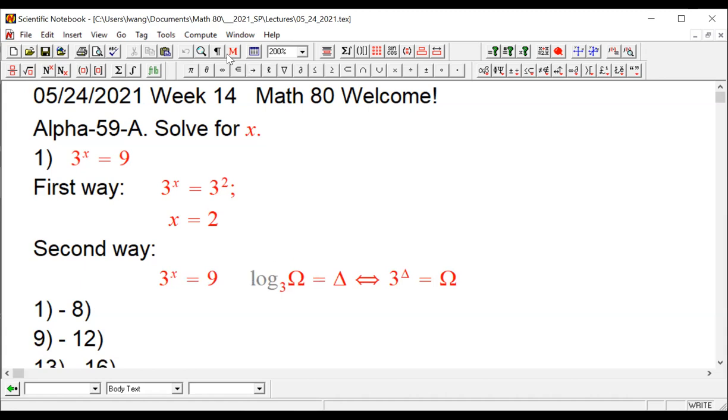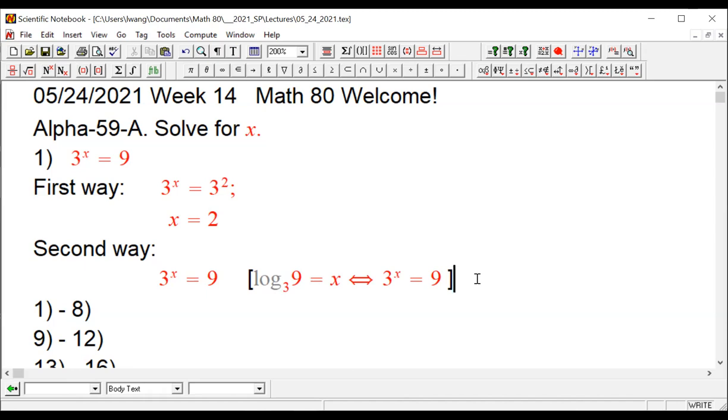And I'm going to put this in brackets, meaning these are optional. You don't have to show these. 3 to the power of X is 9, so this is 9, and this is X. So X is log base 3 of 9.